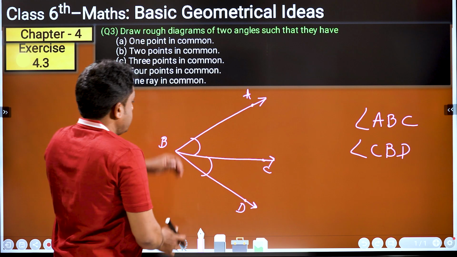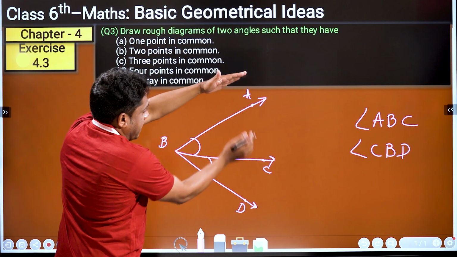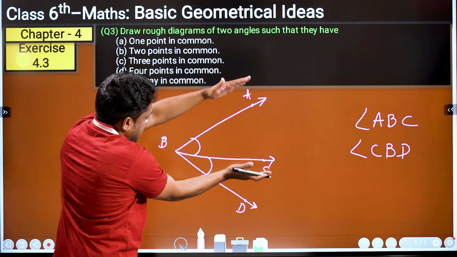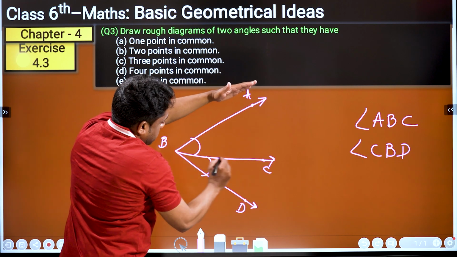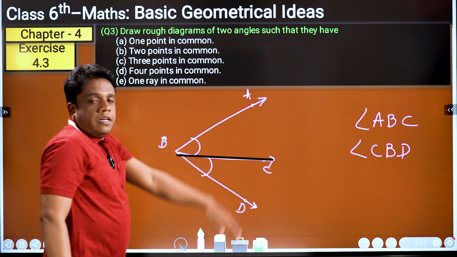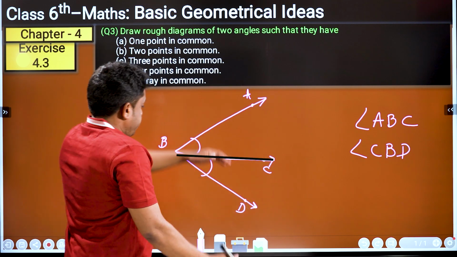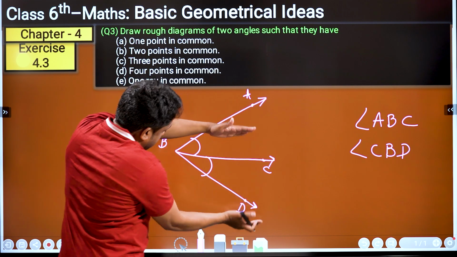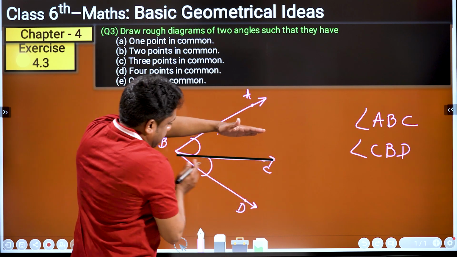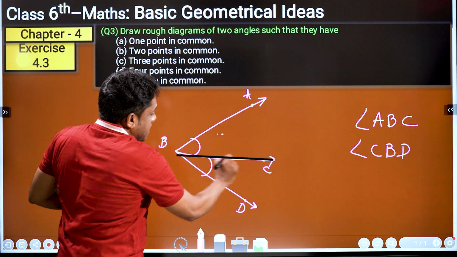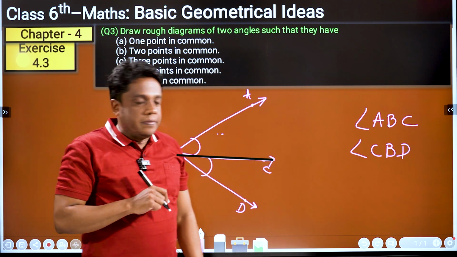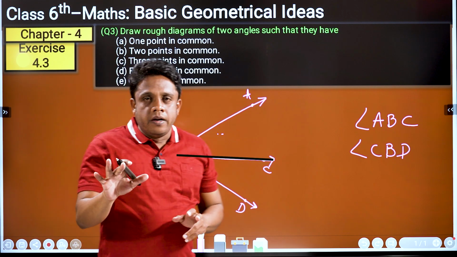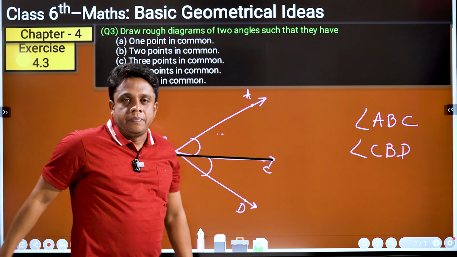How? Let us see. Consider the first angle, angle ABC. We have this ray, ray BC, right? Again, if you consider the second angle, CBD, you again have ray BC, this line, right? So this ray BC is common for both of these angles, correct?